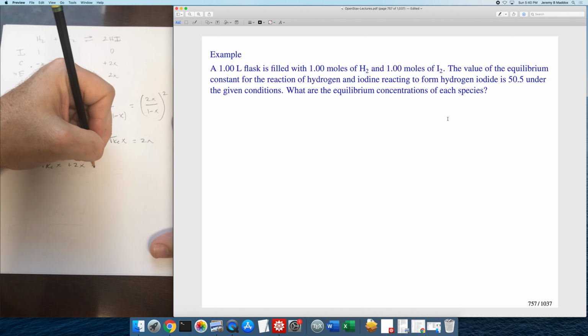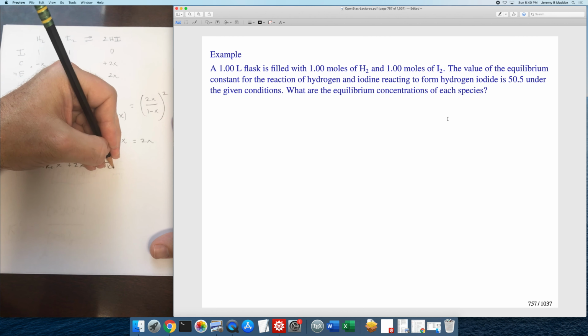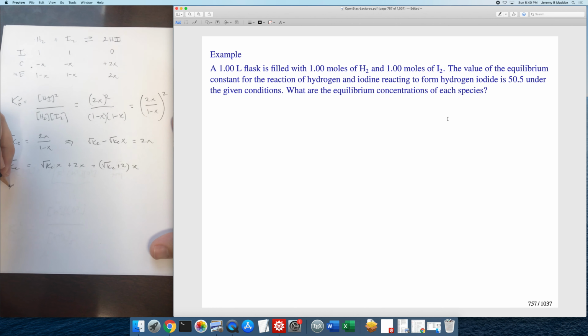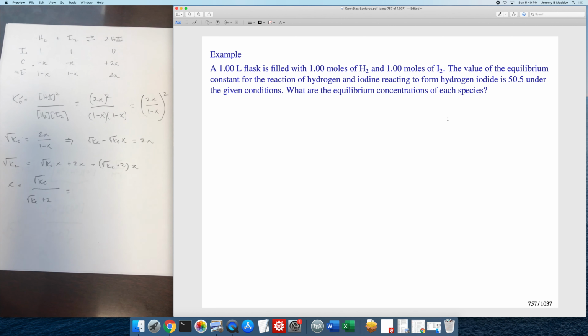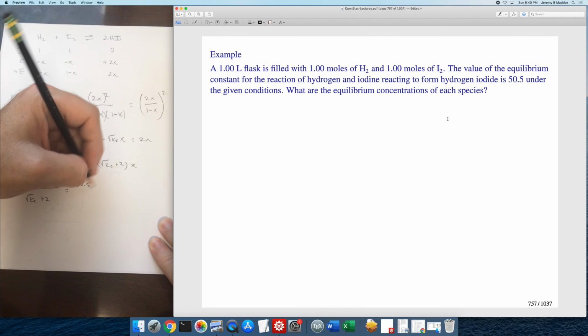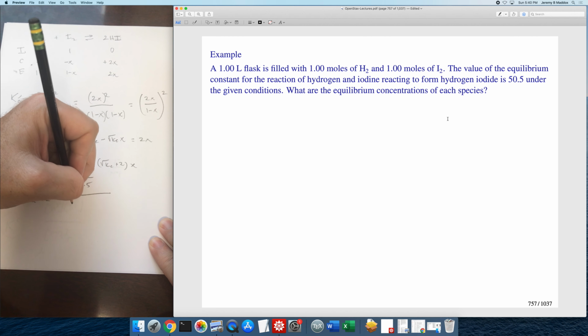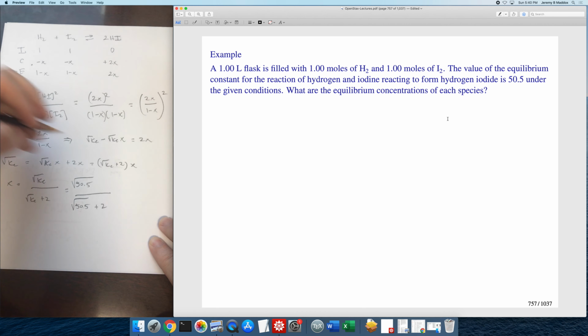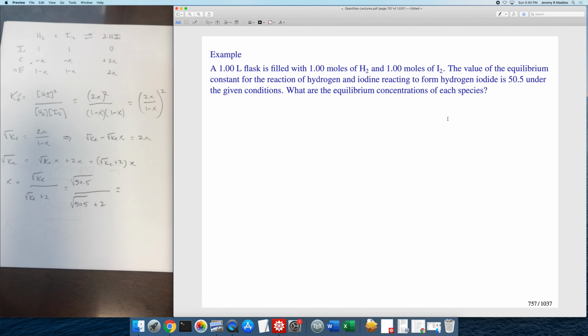Factor out the x. And then solve for x. So x will be the square root of Kc over the square root of Kc plus 2. Okay, and we can plug the value of Kc in now. Square root of 50.5 over square root of 50.5 plus 2. That's going to be our value of x.